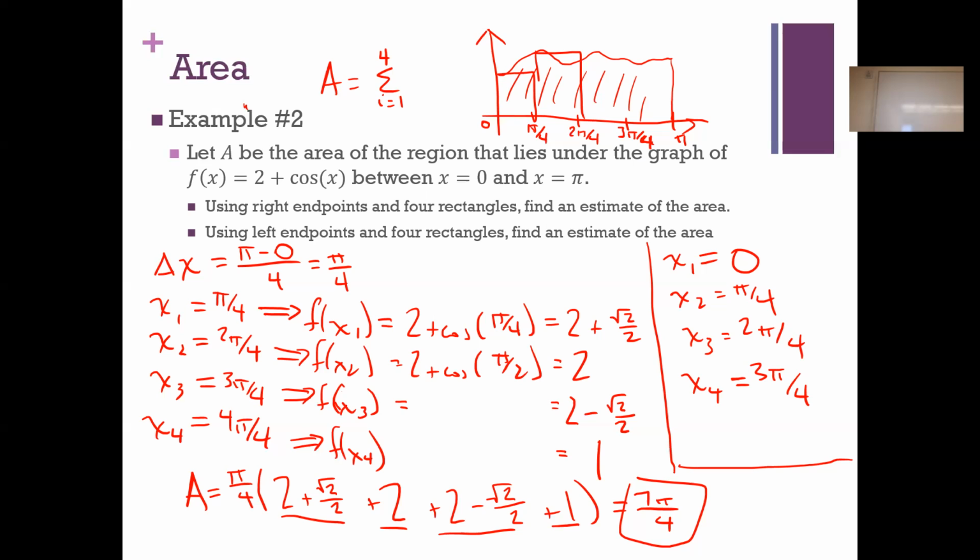I guess the last thing I want to ask is this. What modifications could we make to this thing right here to find this left-hand area? Because I think I could do it pretty easily. Am I really using 4 different rectangles to find the area using the left endpoints?